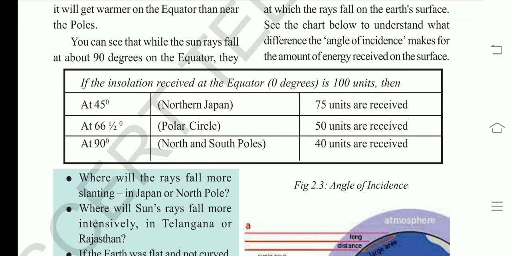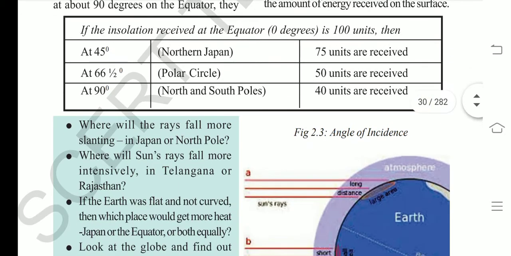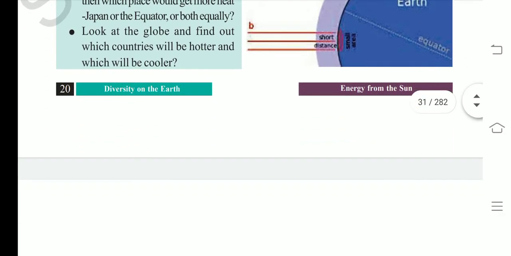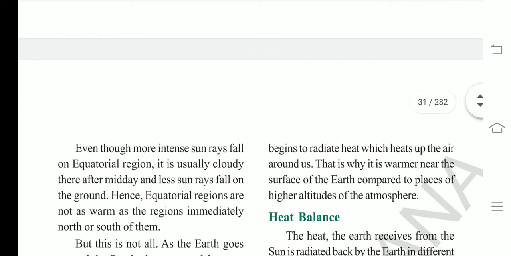So the amount of energy received on the Earth's surface differs from place to place. Here it changes with the angle of incidence.